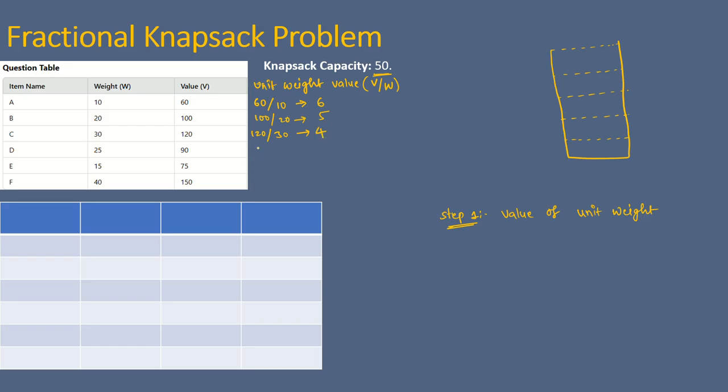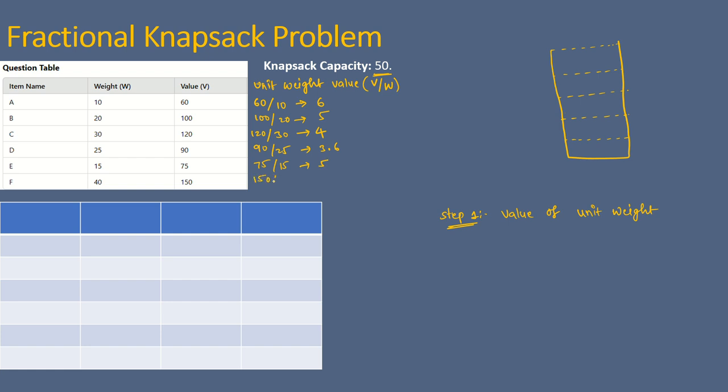Unit weight is 4. Next, 90 divided by 25. So 25 3s are 75, remaining 15. So 25 6s are 150. So you will get 15 is filled. Next one, 75 divided by 15. So 15 5s are 75.